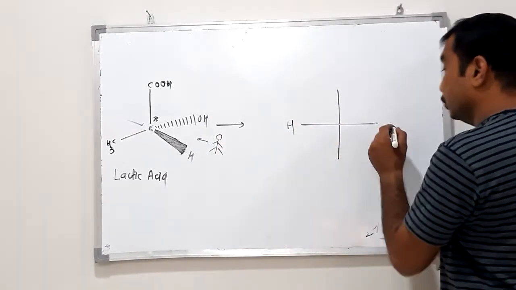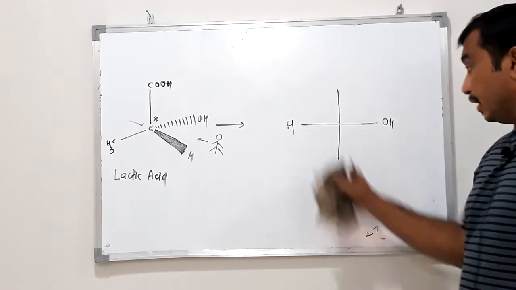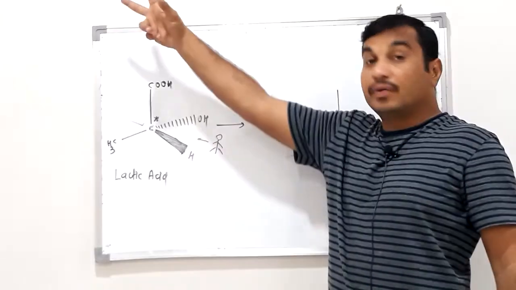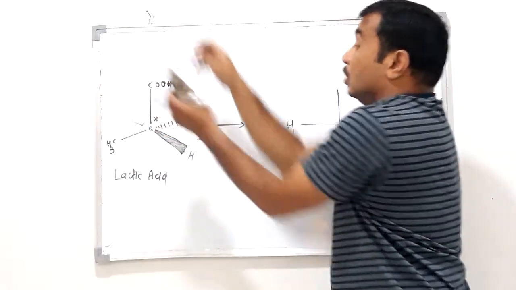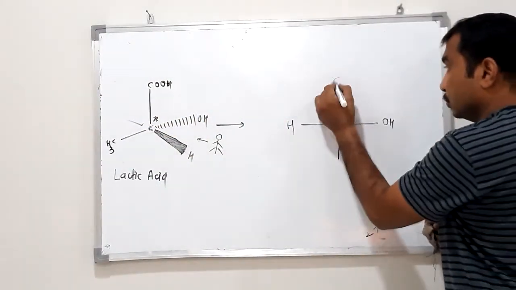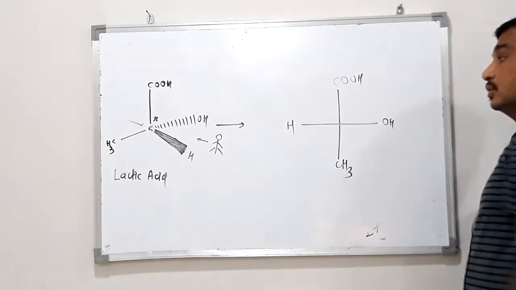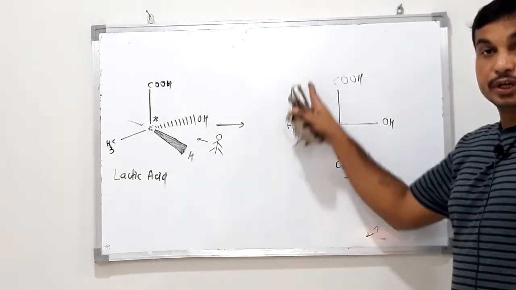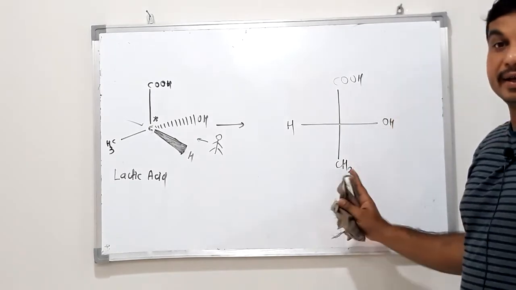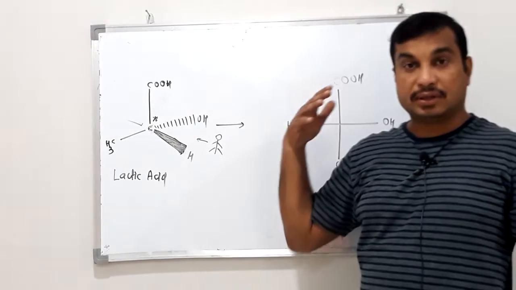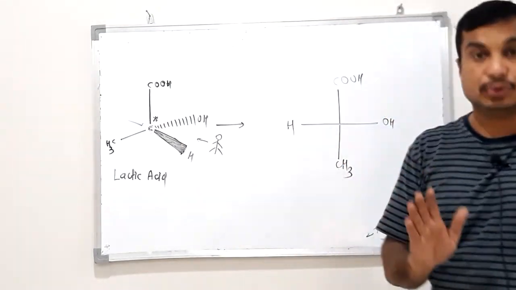Put those substituents on the horizontal line, H and OH. The carboxyl group and methyl group are moving away from the observer, therefore we put those groups on the vertical side. So this is the Fischer projection formula of lactic acid. In this way we can convert a 3-dimensional structure into 2-dimensional.